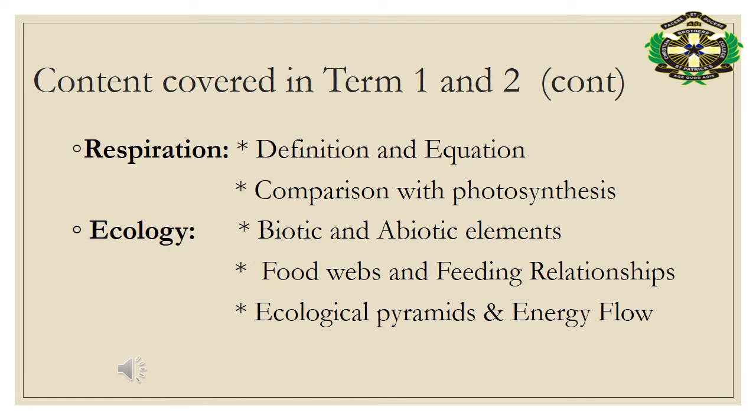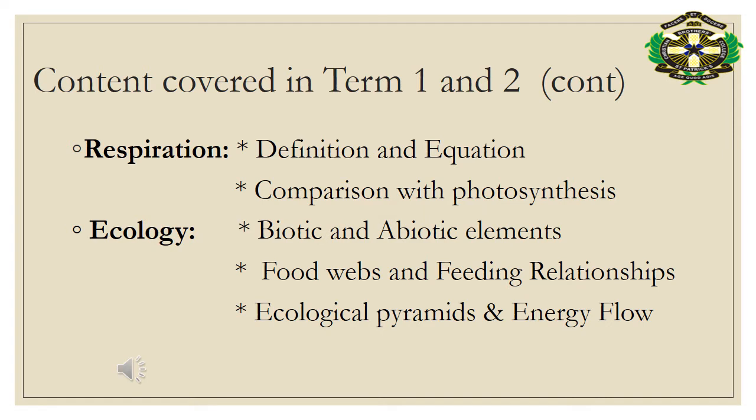Along with photosynthesis, we covered a section regarding respiration, that is cellular respiration inside of each cell. That will be an animal or plant cell. We also had a table where we compared respiration and photosynthesis and how they differ.